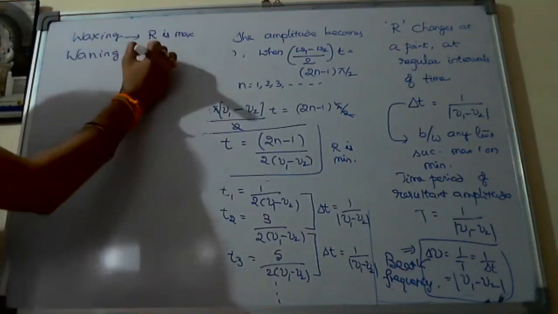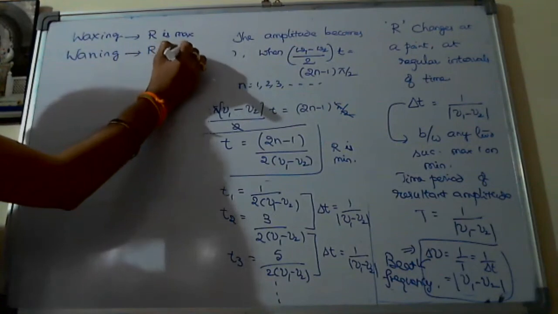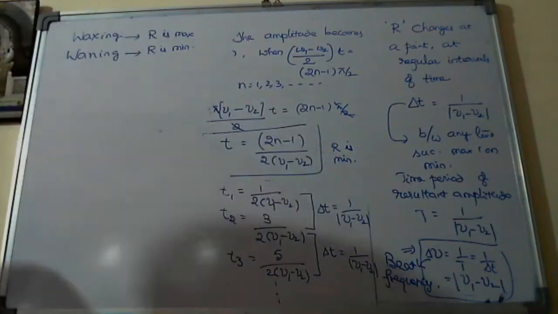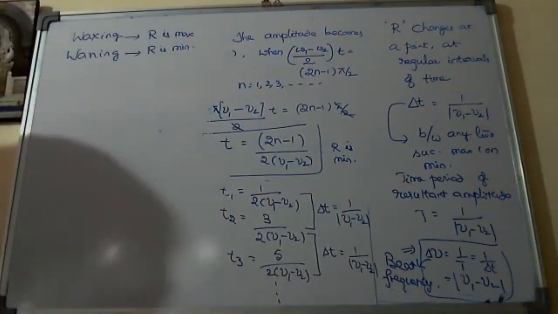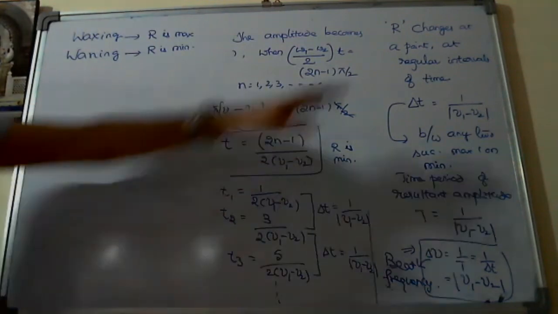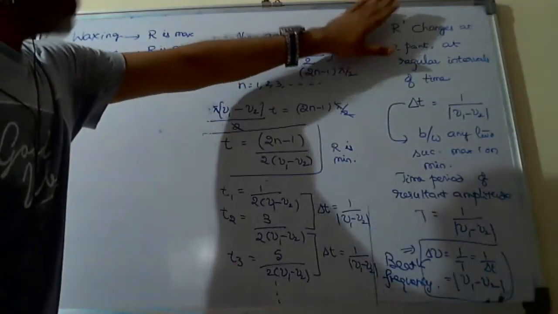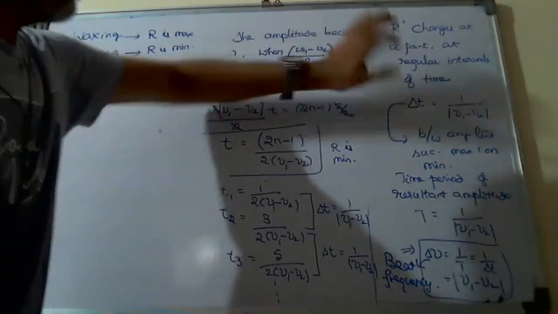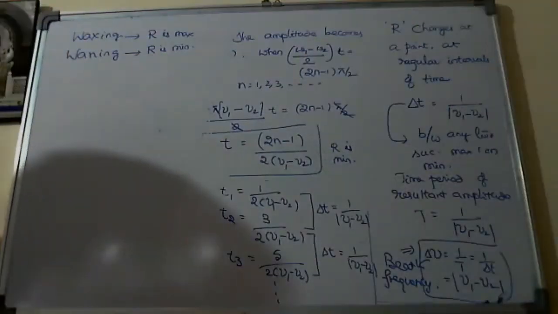Waning means the resultant amplitude is minimum. Even in the definition you can say the resultant amplitude waxes and wanes at regular intervals of time, instead of saying becomes maximum and minimum.